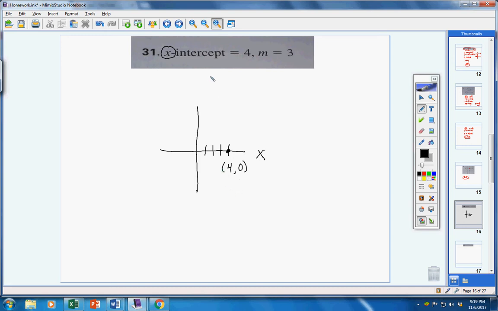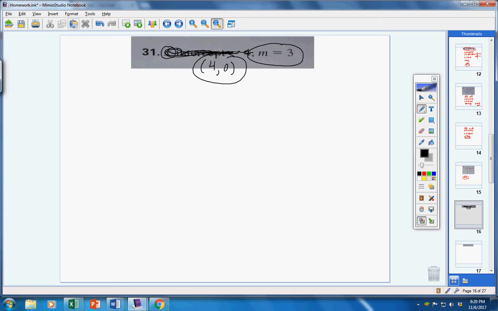So if the line passes through the x-axis at 4, that also means the line passes through this point. If the line has an x-intercept of 4, then it also has a point of (4, 0). So there's my point, there's my slope. So now I'm ready for this formula here.